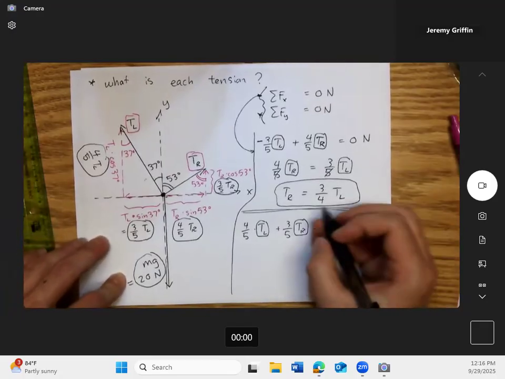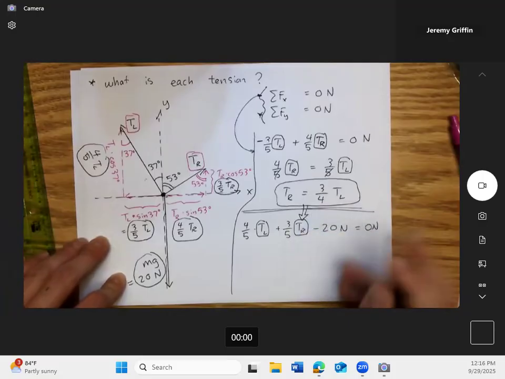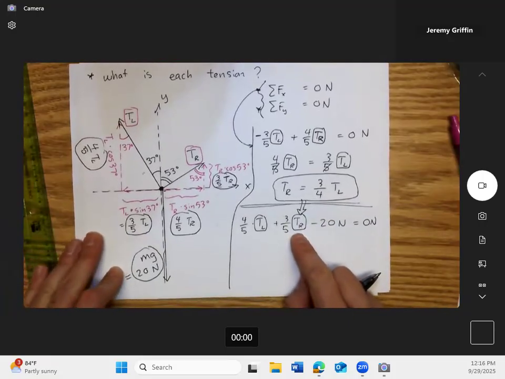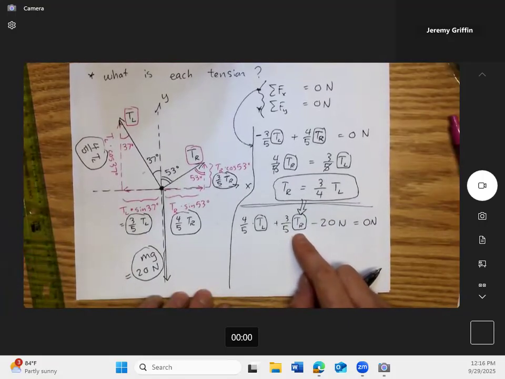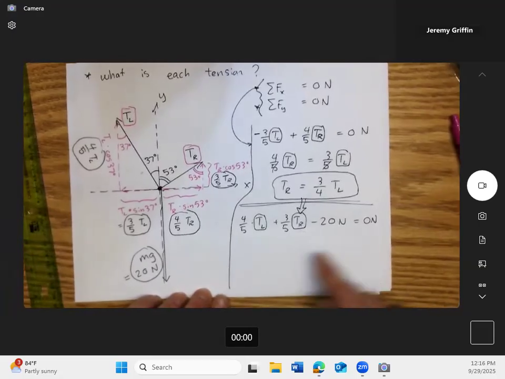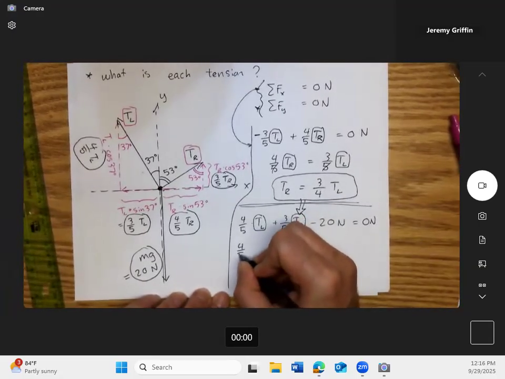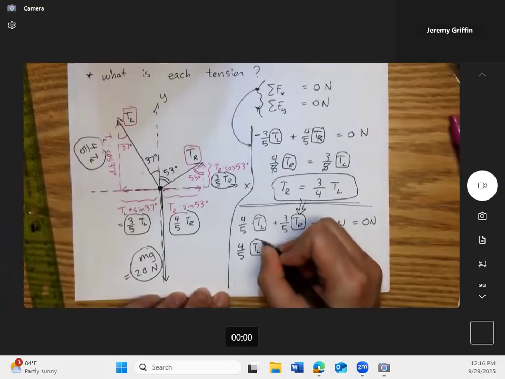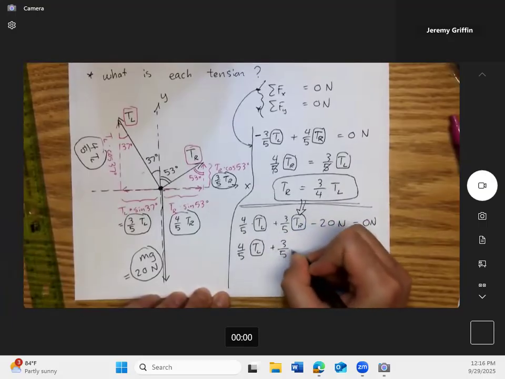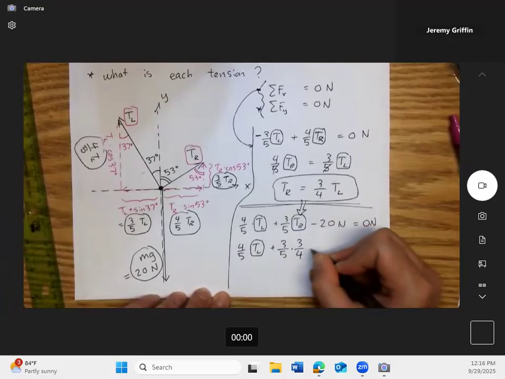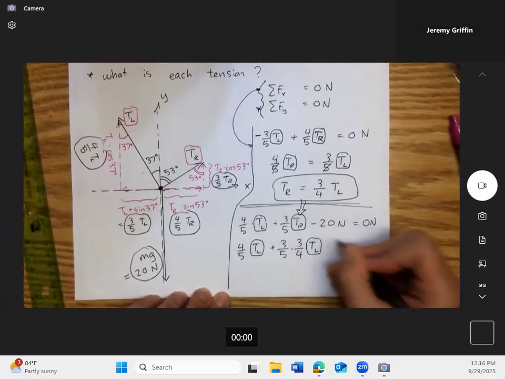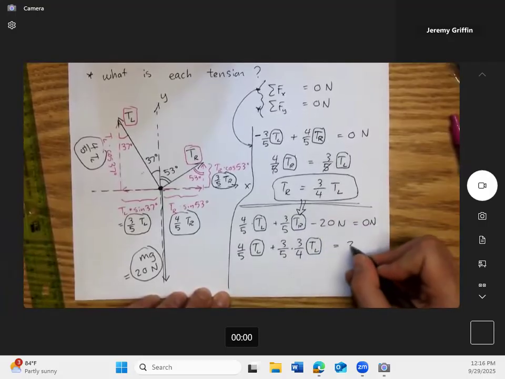Okay? And here's where I can substitute. Instead of tension right, I can put it in terms of tension left. Now I'll have one expression with one unknown. So 4/5 tension left plus 3/5 times 3/4 tension left also. Now they're both left. I can slide this over and call it 20 newtons.